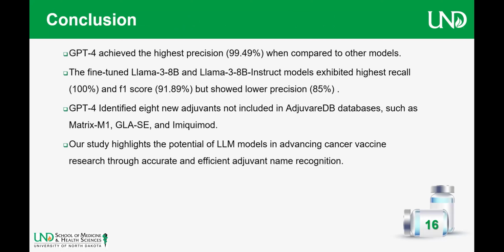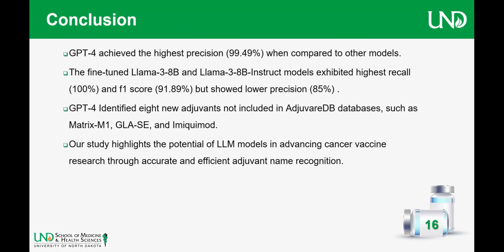So we can conclude that GPT-4 achieved the highest precision of 99.49% when compared with the other models. The fine-tuned Llama 3 8 billion and Llama 3 8 billion instruct models exhibit the highest recall of 100% and the highest F1 score of 91.89%, however, with a lower precision of 85%.